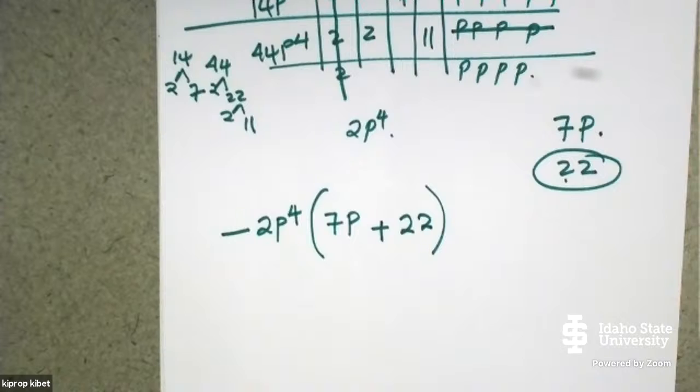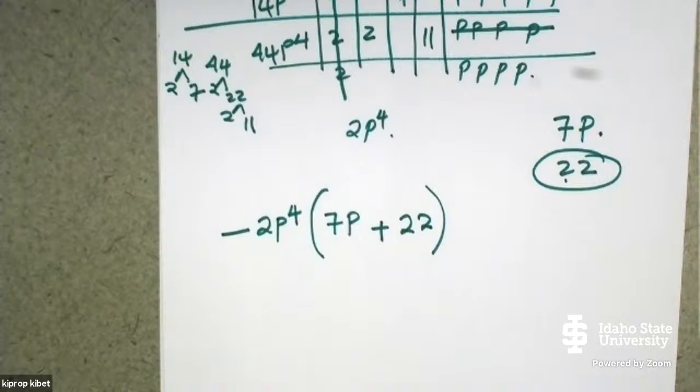So 22 times 2p raised to 4 is 44p raised to 4, and the remainder is 0.